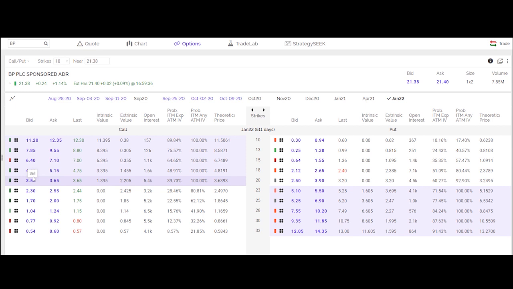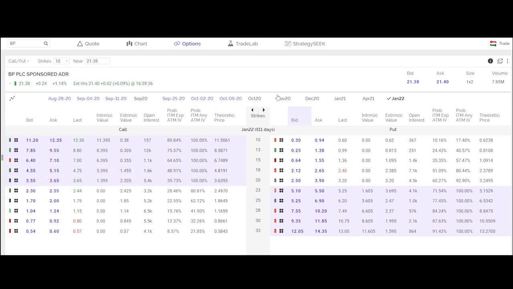However, that's not the only thing adding into extrinsic value. So the implied volatility. The more volatile the stock, the higher the price swings up and down. The lower the volatility, the lower the price swings up and down.